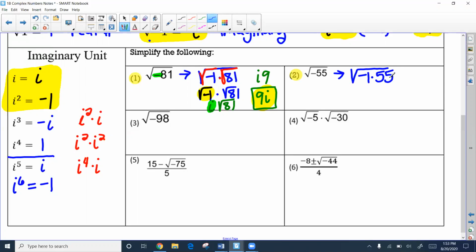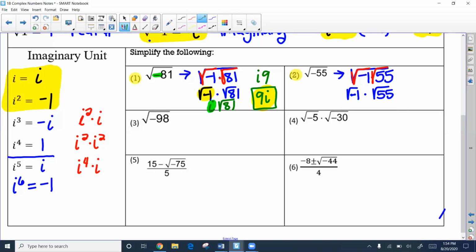And then because they're multiplied, I can put them each under their own radical. So we have square root of negative 1 times square root of 55. Square root of negative 1 times square root of 55.